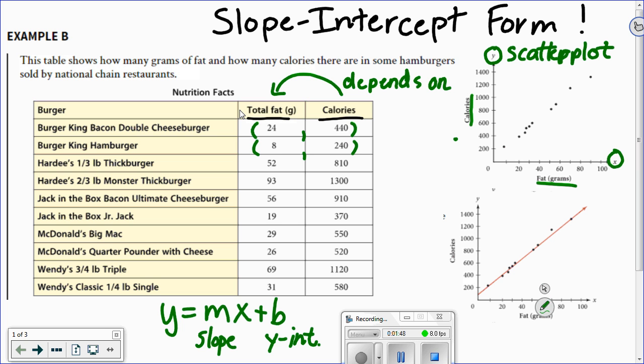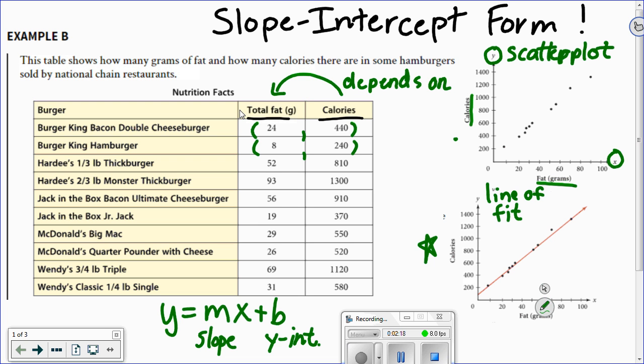But can I turn this into a linear model? Can I do y equals mx plus b for this? Yes, I can. Now look at this lower graph here. I've taken those ordered pairs and fit a line through them the best I possibly can, and they look vaguely linear. So I'm going to draw a line through those ordered pairs, and that's called my line of fit.